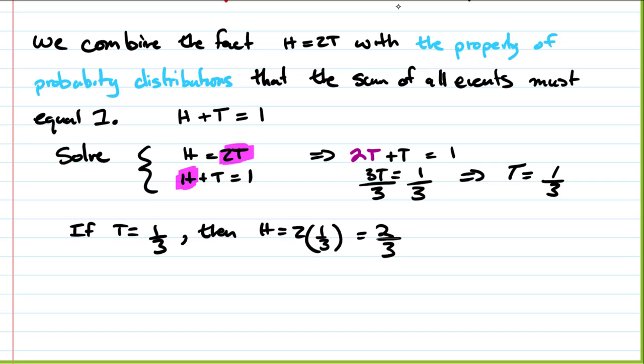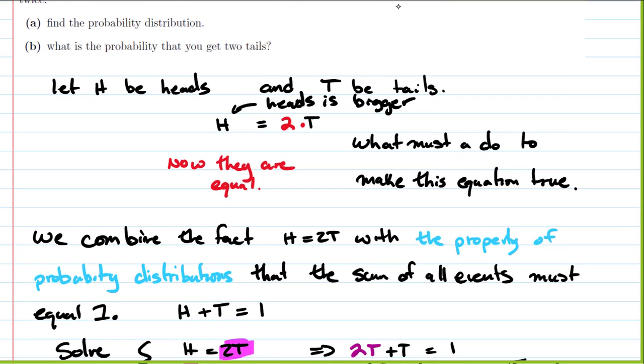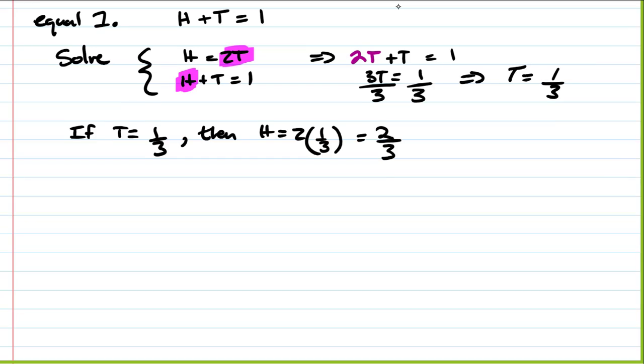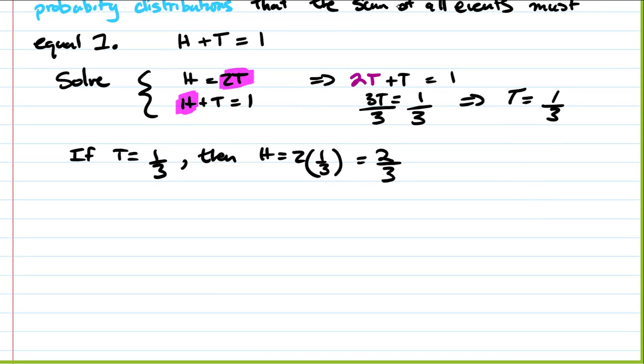So then it tells us that the probability of getting heads is 2/3, and the probability of getting tails is 1/3. So are heads twice as likely as tails? Yeah, is 2 times 1/3 2/3? Certainly. So indeed, heads is twice as likely as tails. Okay, so now we know what we have then. So this is our probability distribution. So our probability of getting heads is 2/3, and our probability of getting tails is 1/3.